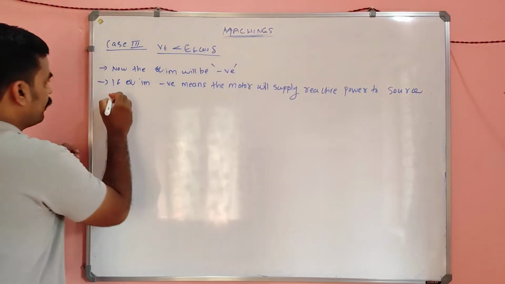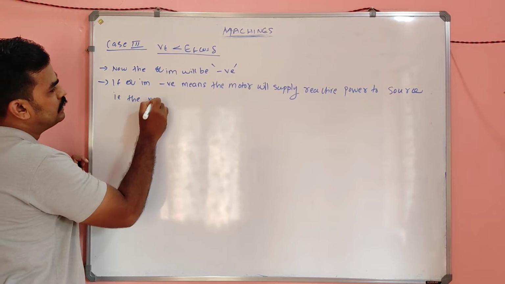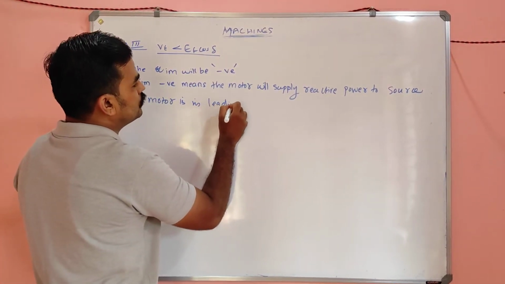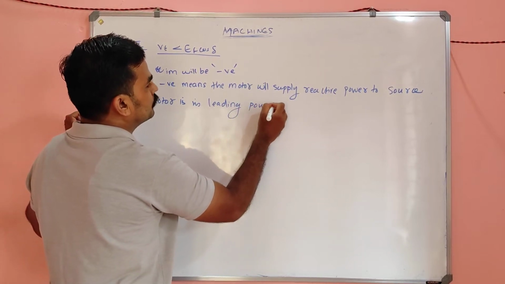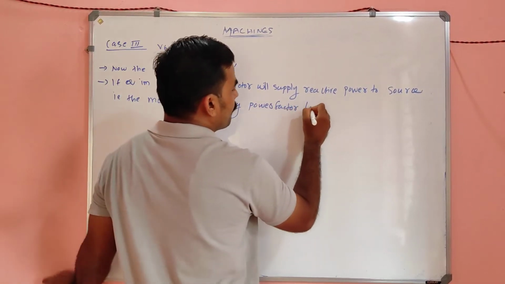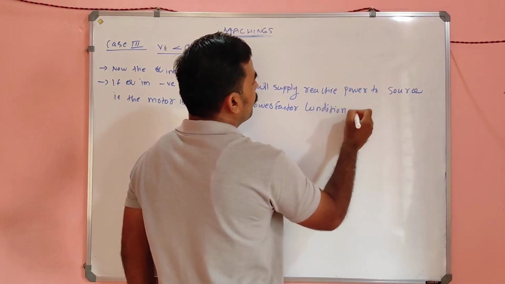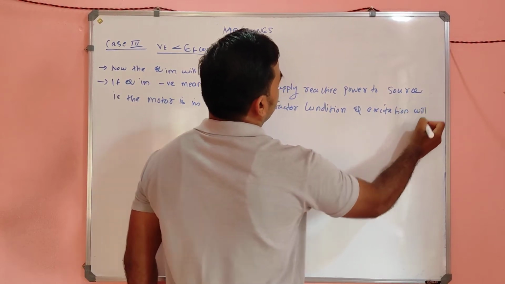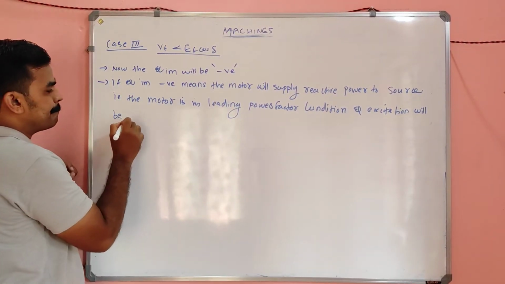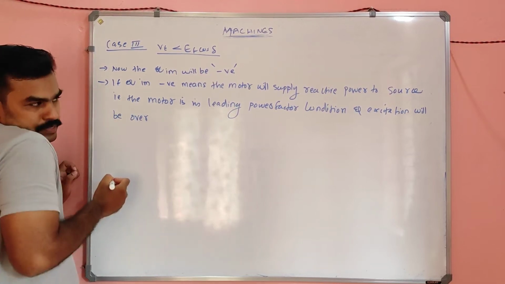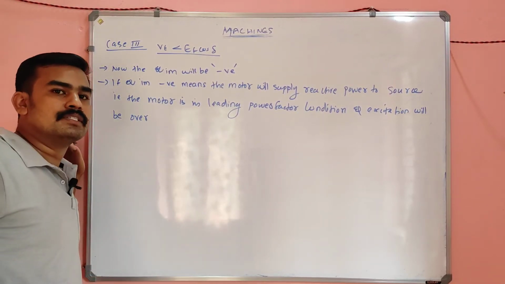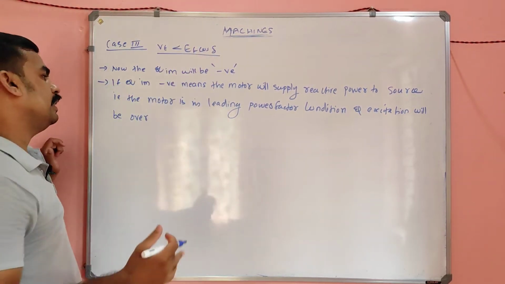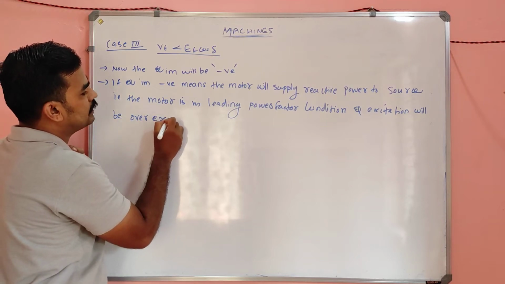That is, the motor is in leading power factor condition and the excitation will be over excited. Correct? Leading power factor condition means Q will be negative, that means this Ef cos delta is higher. Ef cos delta is higher means of course it will be in over excited condition.